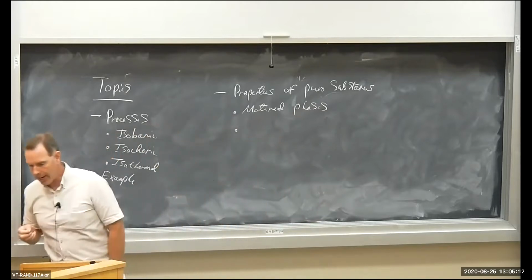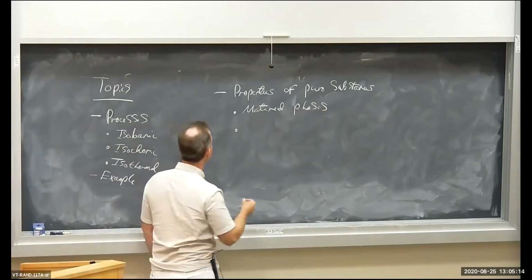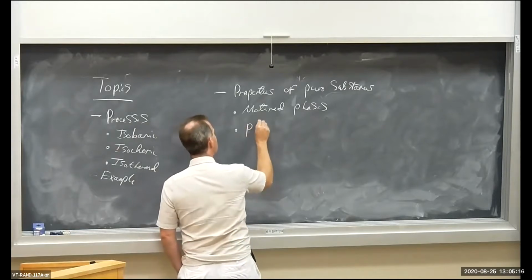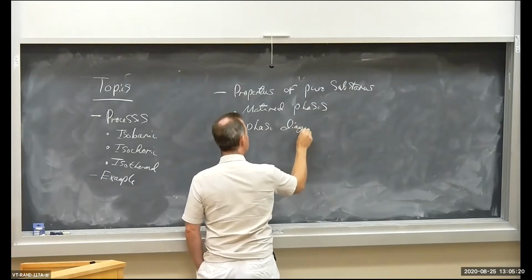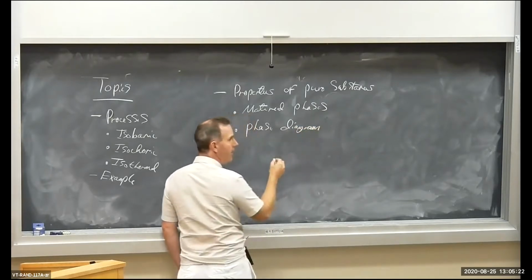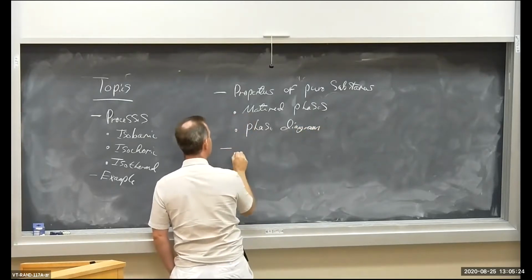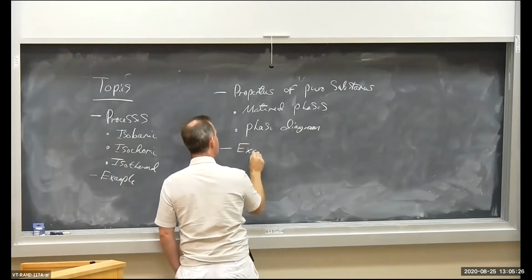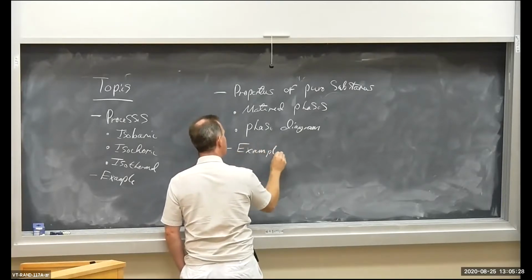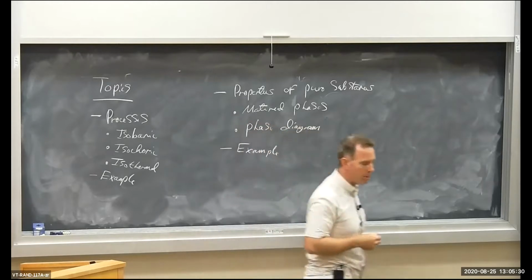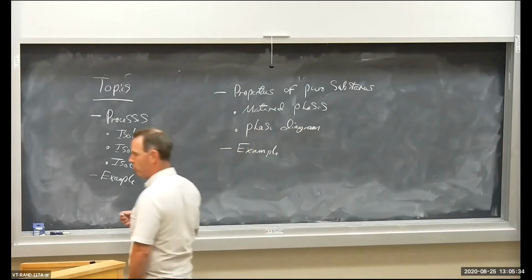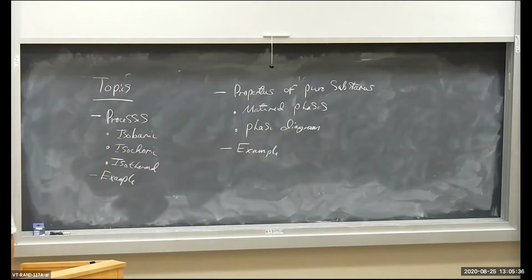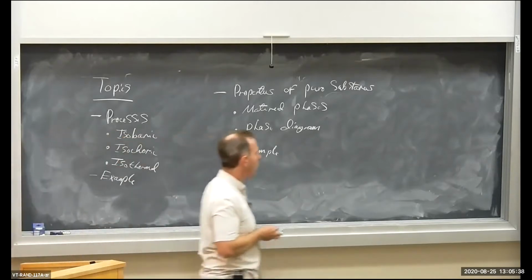We're going to be looking at the phase diagram. And then we're going to do an example. Okay, so that's the plan for today. We're going to finish off the introductory material and then move on to chapter 2, which is properties of pure substances.